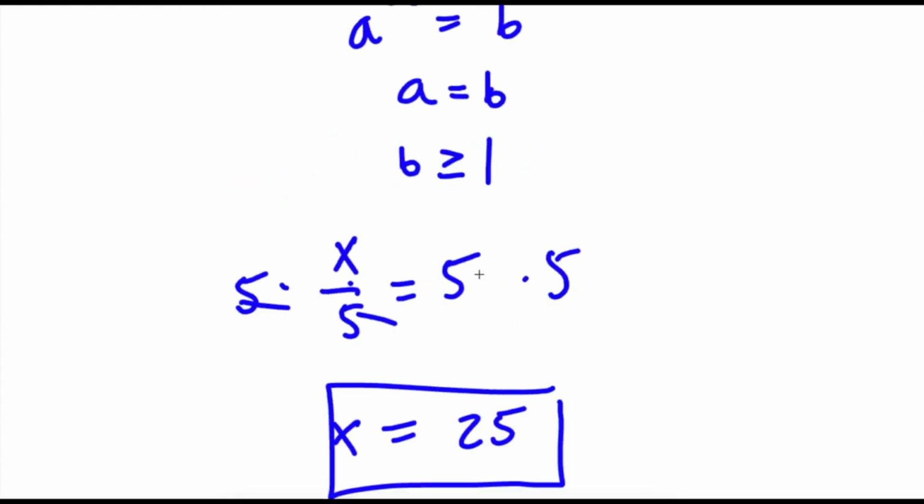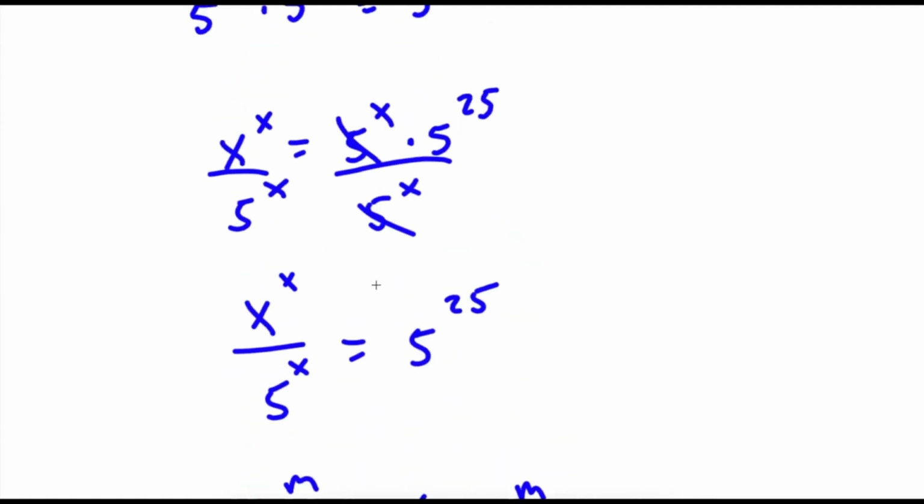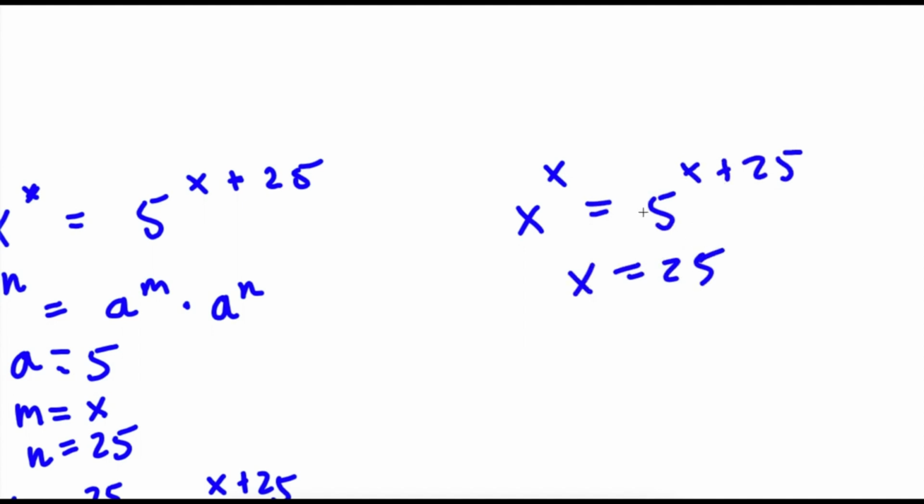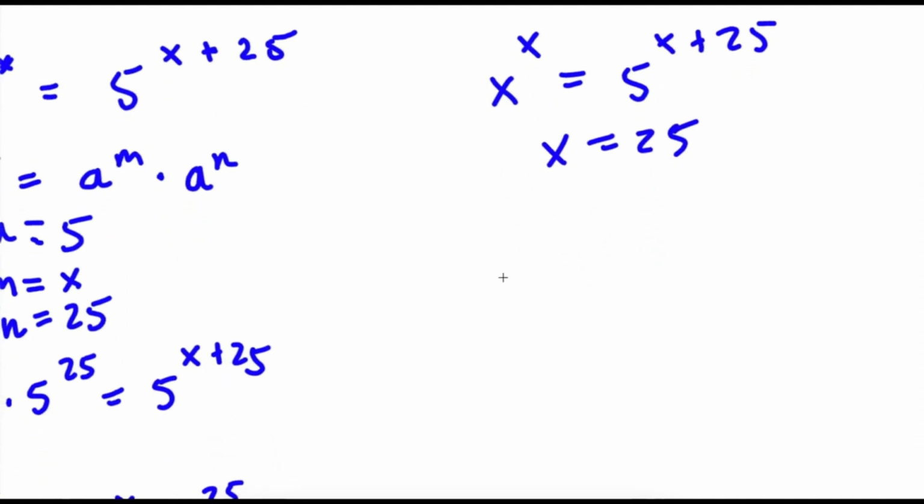Now, to check, our original equation was x to the power of x is equal to 5 to the power of x plus 25. Now we know that x is equal to 25. So now if I plug in 25 for x, I get 25 to the power of 25 is equal to 5 to the power of 25 plus 25.